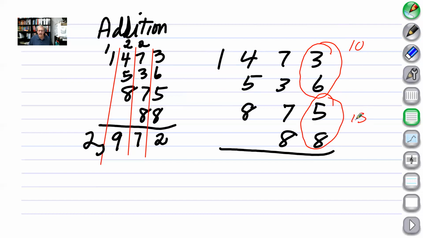So 10 and 13 is 23. But this number was one smaller. It wasn't really a 10. It was only a 9. So I'm going to subtract 1 from that 23 and call it 22. I'm going to put the 2 here and carry the 2.